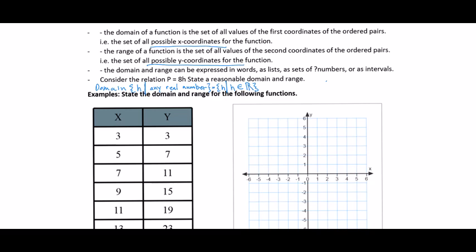So the same could be said for our range, which is all the values of p. Our range is equal to p such that p is an element of all real numbers, exactly like what we said before. Now let's take a look at some problems that we have in table form and graphical form.